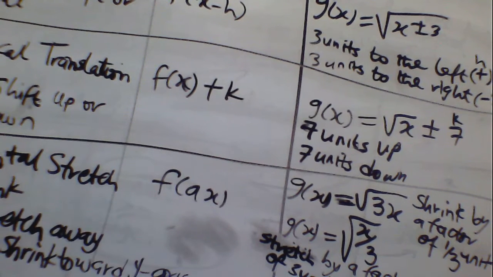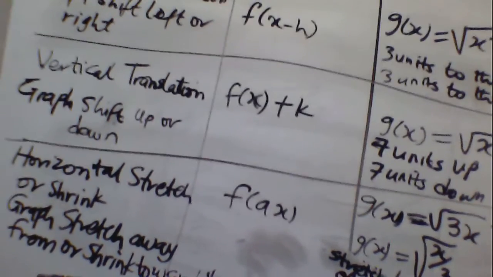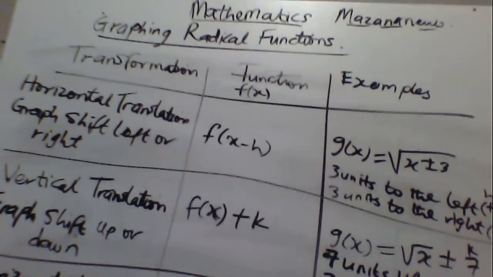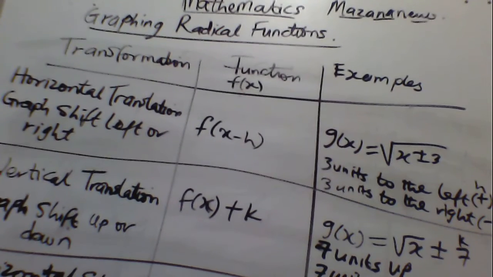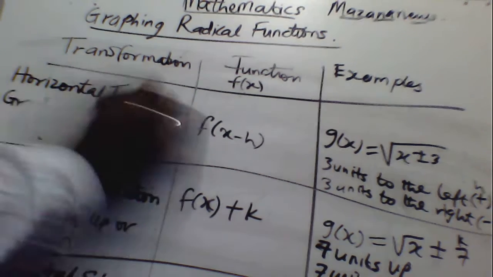This is applicable to horizontal stretch and shrink. This is what we have done before. We are referring to it again to help you memorize what we did in the polynomial.